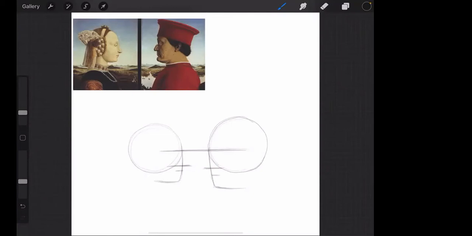And around the line for the eye, you can find the part that sinks inward, like indented part on the bridge of nose.